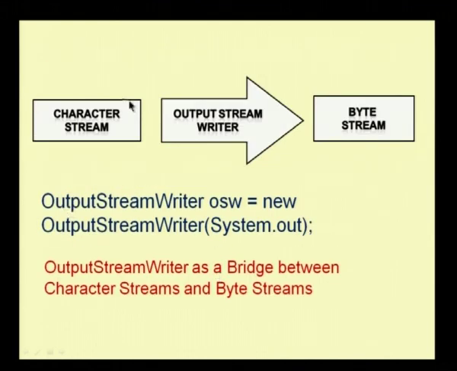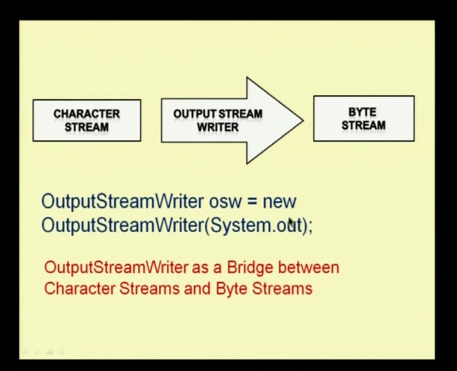So you can see here you have a character stream and you have a byte stream. With your OutputStreamWriter, the input is of type character and then you can convert that into a byte stream. In the same way, I am creating an instance of the OutputStreamWriter.